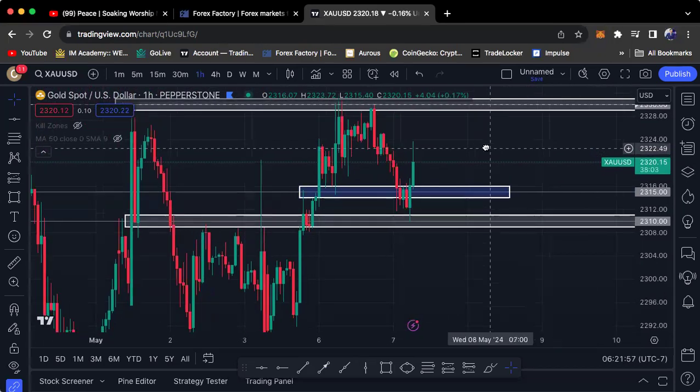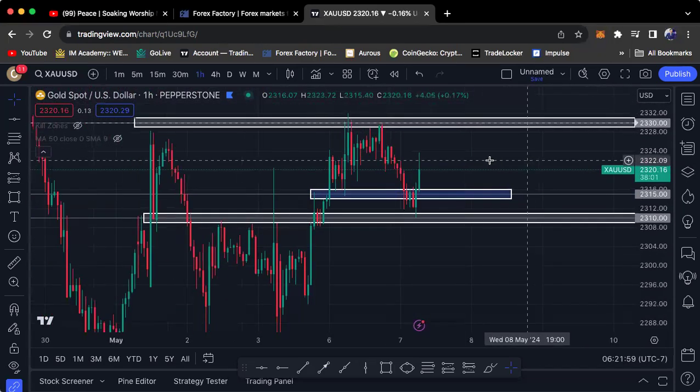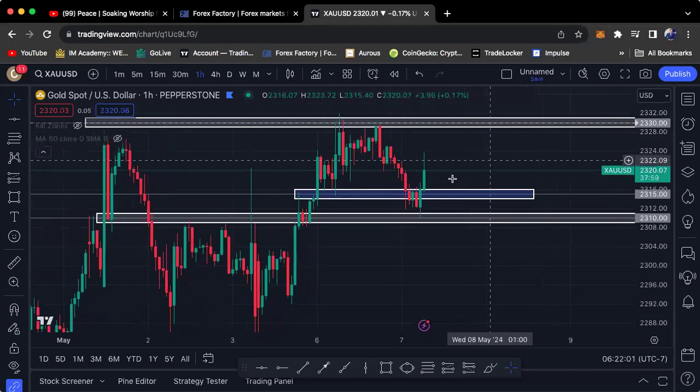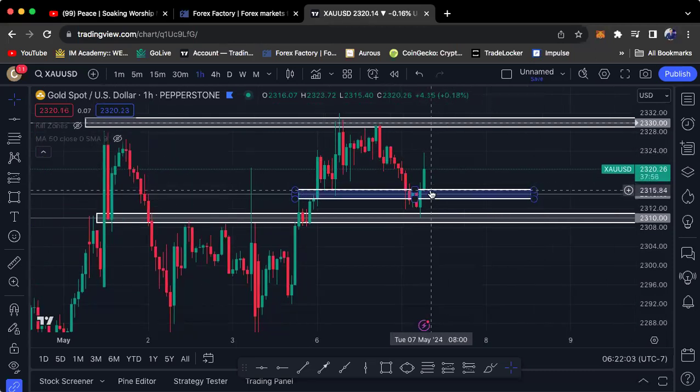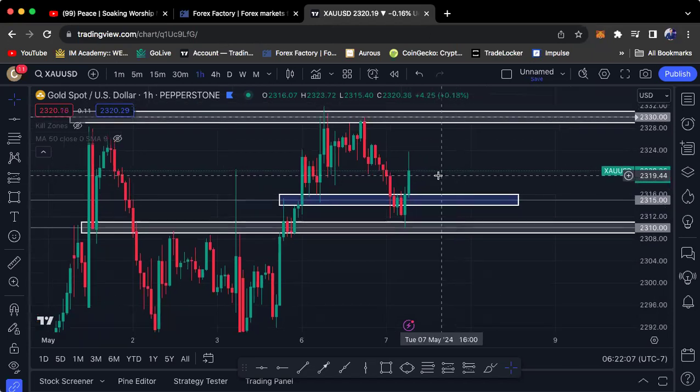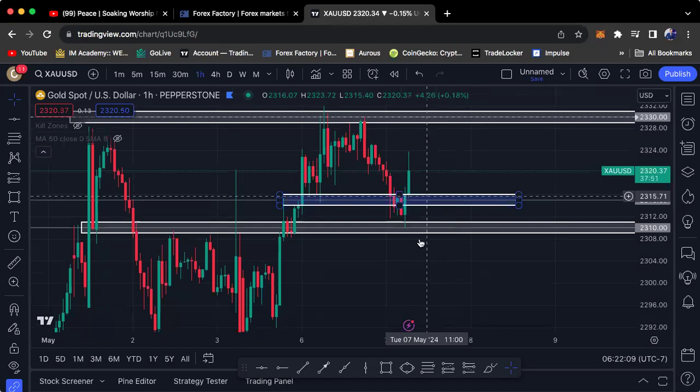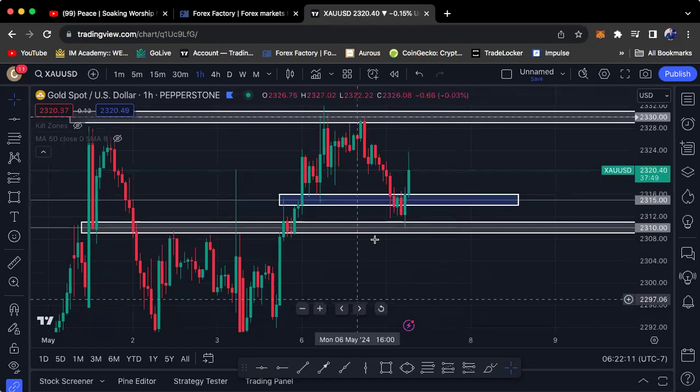I'm looking for sells. I'm not looking for any buys. So that's why I drew it below price. My internal zone, because I'm waiting for that break of structure.